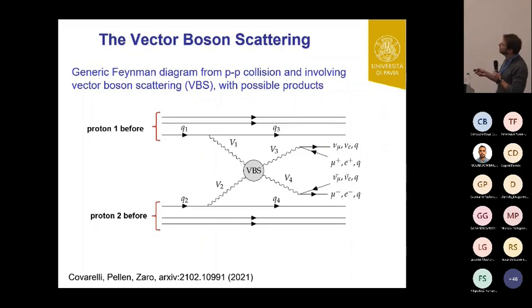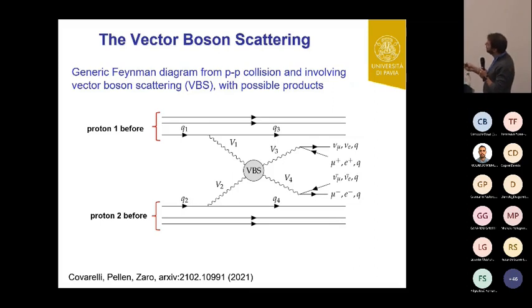So the three lines correspond to the three quarks of each proton. Now, one of the two quarks of each proton, when the two protons collide, emits particles. And one specific process occurs when the two particles emitted by the two quarks are two vector bosons, elementary particles in high energy physics. And these two vector bosons collide, they make a scattering process.